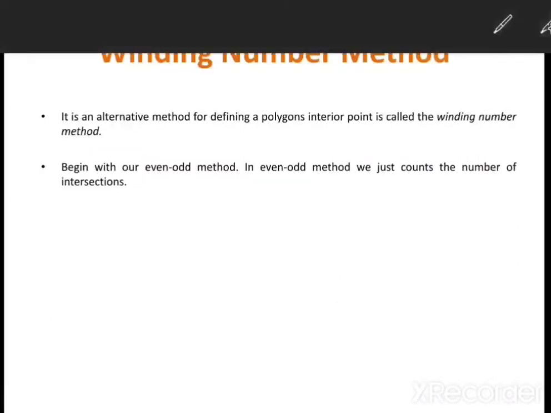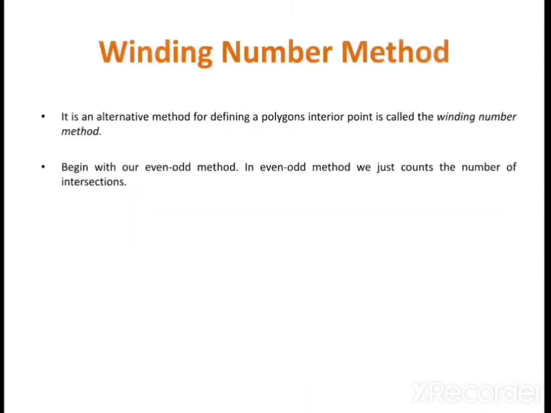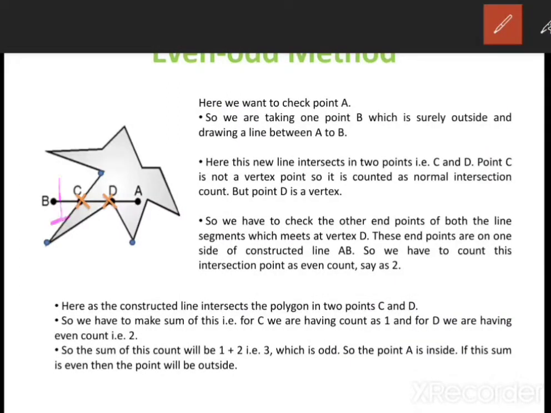So in this case we have found these 2 points, and if these 2 points are lying on a single side of line AB, means both our points are on the same side, so we have to consider it as an even count, right. This count I will consider as 1, and this I will consider as an even count because both points are lying on the same side.